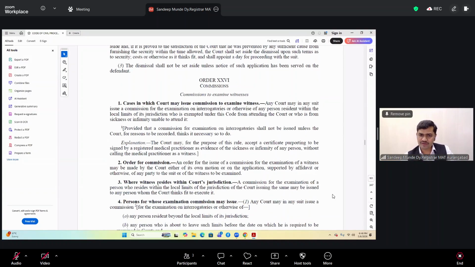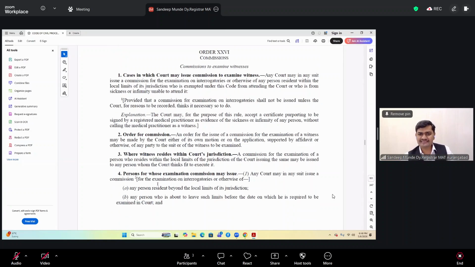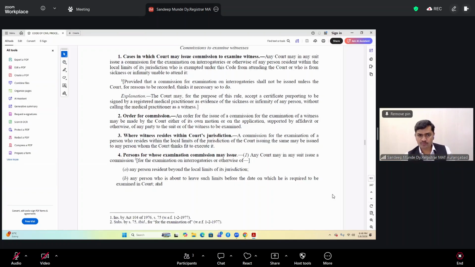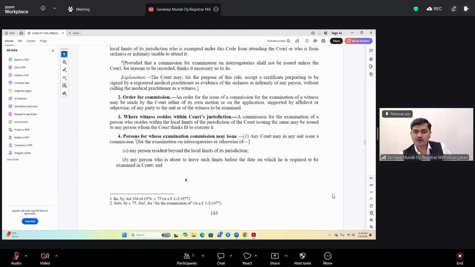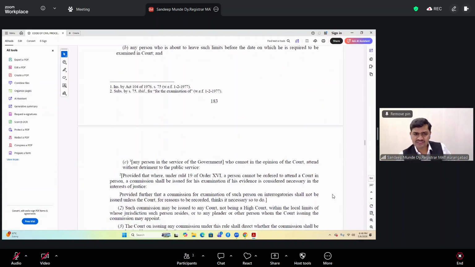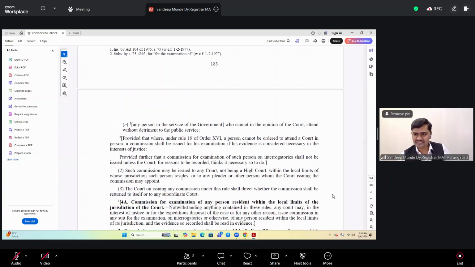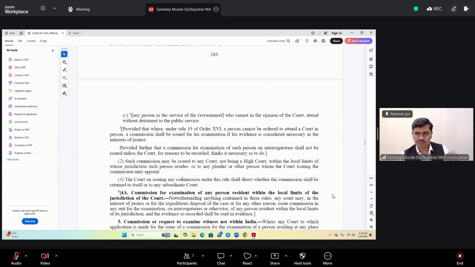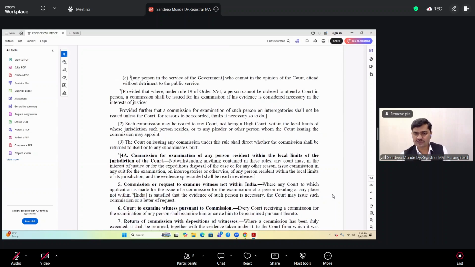Commissions may be issued by the court for persons residing beyond the local limits of its jurisdiction, any person in the service of the government who cannot, in the opinion of the court, attend without detriment to the public service, and whatever provisions under rule 19 of order 16, a person who cannot be ordered to attend. So these are some of the persons for whom the court can issue the commissions for examination.